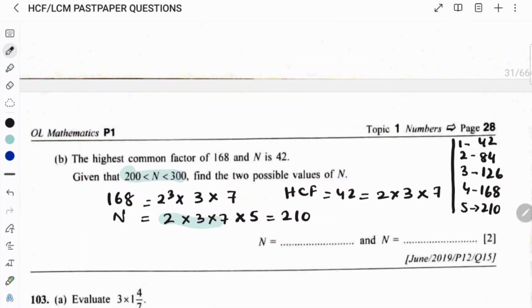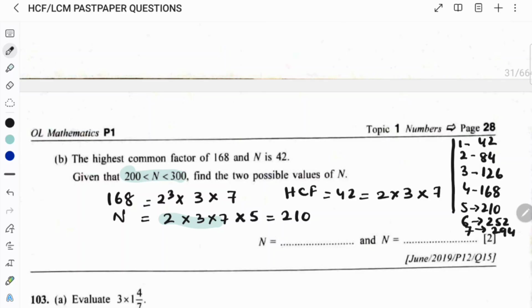We'll have to finish before 300. So 42 times 6, if we take, that is 252. Try more. 42 times 7 is 294. So obviously we cannot try 42 times 8. 294 we are getting if we multiply 42 times 7.